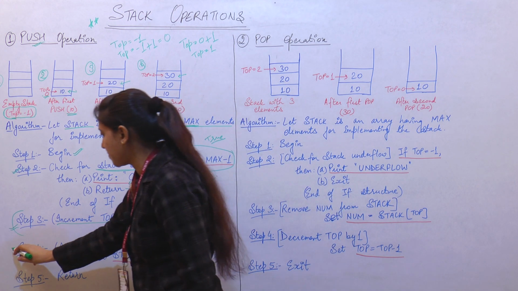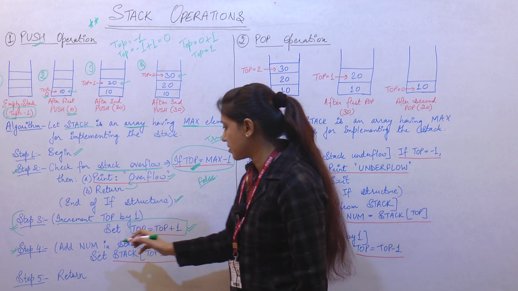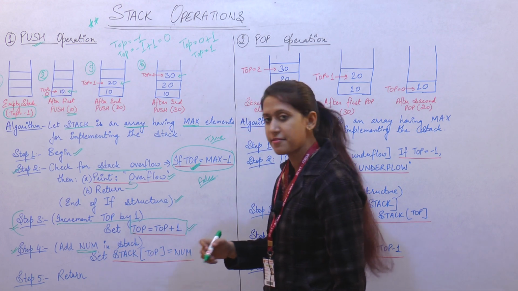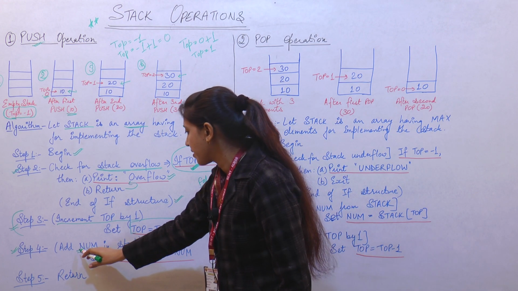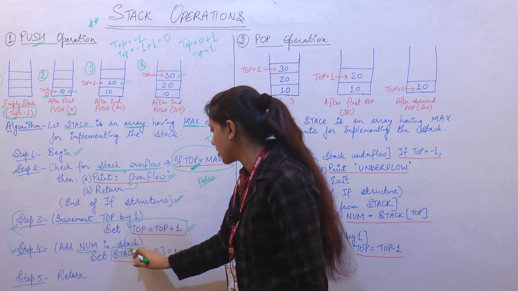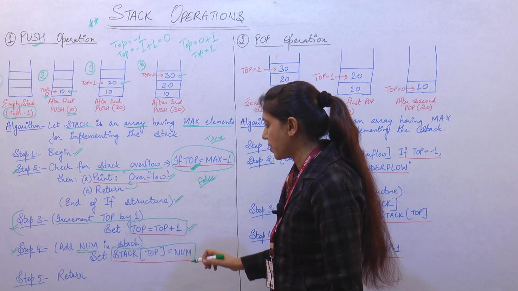In the next step, after incrementing top by 1, the num or the data element that we want to insert in our stack will be added to the stack, and it will be shown using the statement stack[top] equals num.